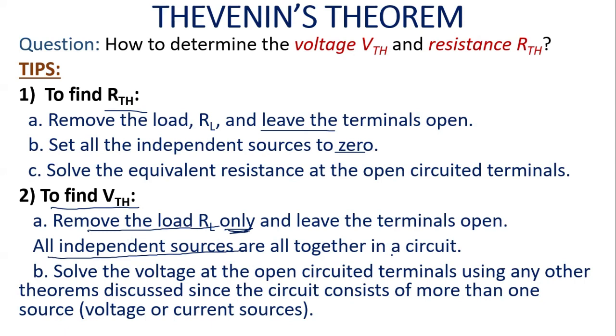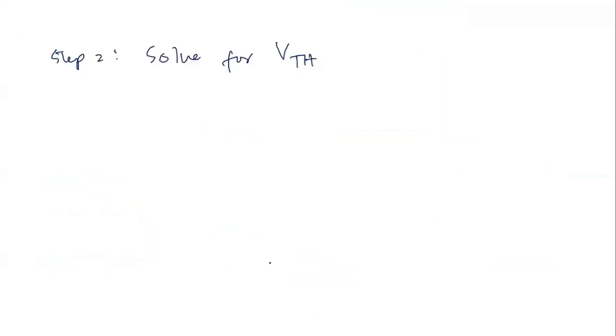And then we will solve the voltage at the open circuited terminals. So we have to remove the load resistance at the terminals AB, and we still have the E1 and E2 in the circuit since we are trying to solve for the voltage.